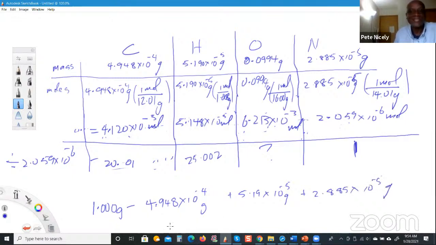Let me take care of the part within the parentheses first, and then subtract that from 1.